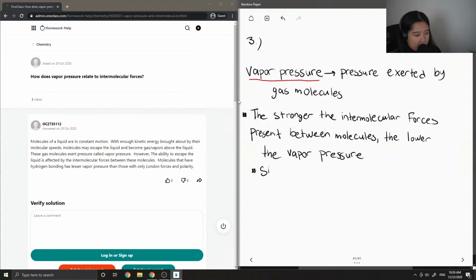And this is since the rate of evaporation lowers.